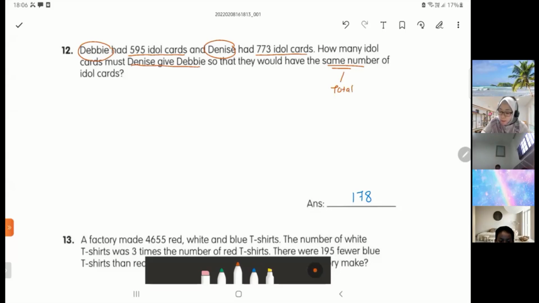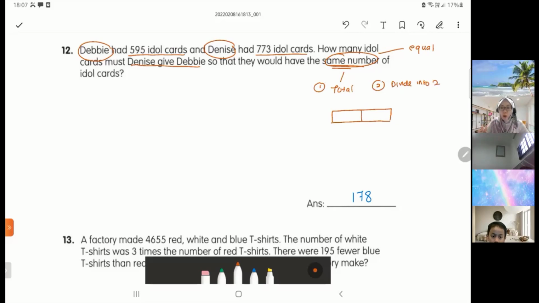Same number means equal, right? So if I were to have a representation, I have the total, and I divide it equally into 2 parts. So find the total first, and then the next step is divide into 2. Then we are going to compare. That's our step. Sometimes we need to draw a diagram to represent what the question is asking.